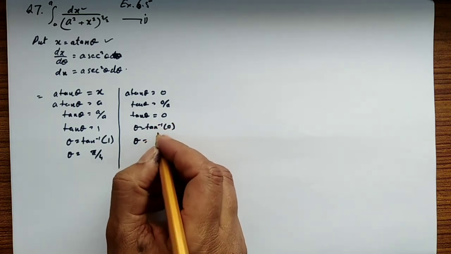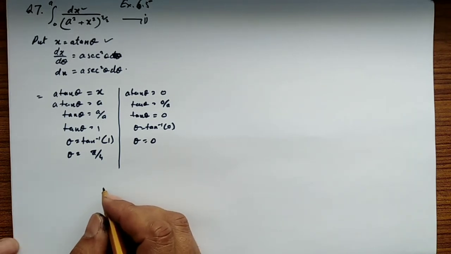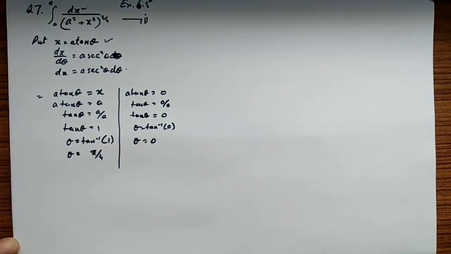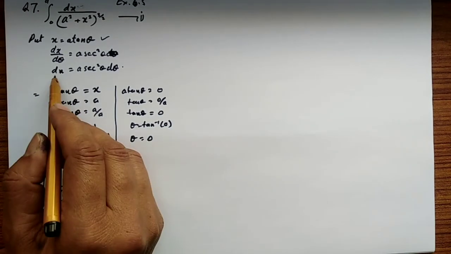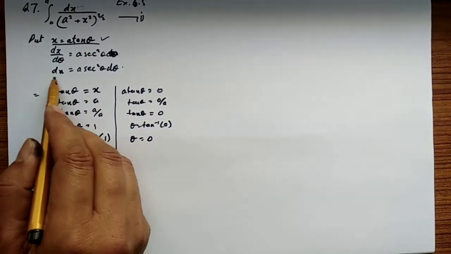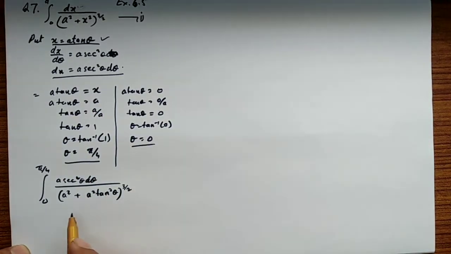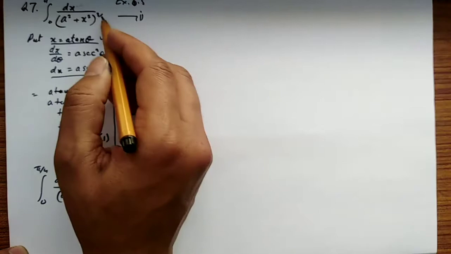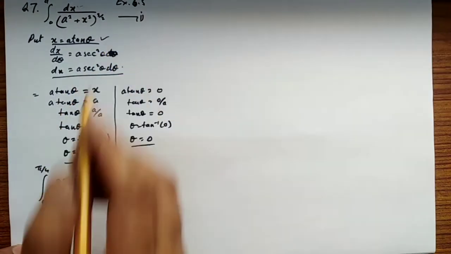Theta is equal to 0. So these are the new limits. Now putting all the values in the original question, x equals a tan theta, dx, theta is pi upon 4, theta is equal to 0, all the values substituted in question number 1.